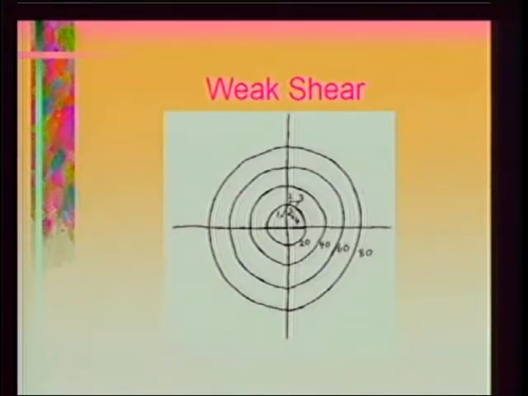Here is an example of a hodograph showing weak shear. What I want to point out here is that you have the speed rings going from 20 knots up to 40 knots up to 80. And you notice as you go with height, here's the first one at the surface, as you go with height in the troposphere, the wind speed doesn't change that much.